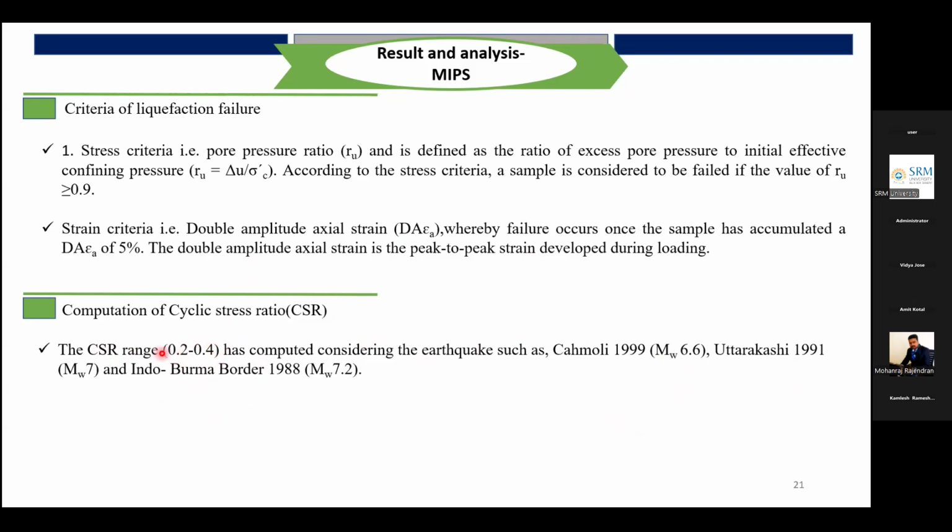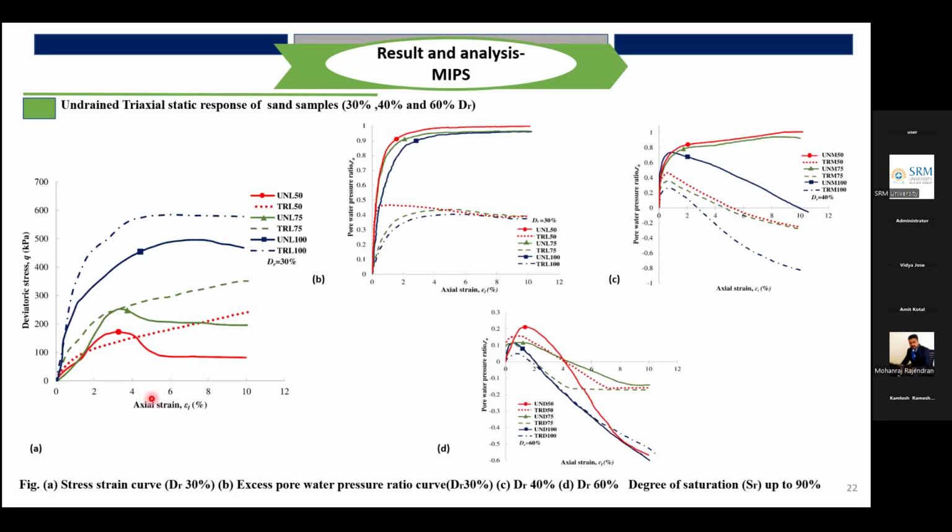So this we have taken as an input for the cyclic triaxial apparatus. This CSR we have simulated in the laboratory, such that the simulated CSR value of 0.2 to 0.4 resembles the earthquake conditions of Chamoli, 6.4 magnitude, Uttarkashi, 7, and Indo-Burma, 7.2 magnitude. So this is what we basically did in the laboratory.